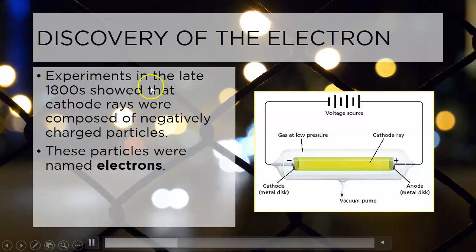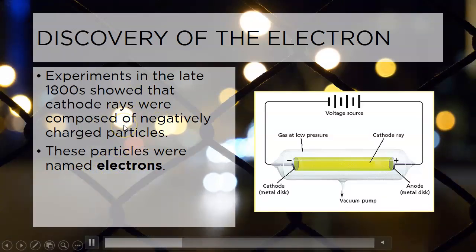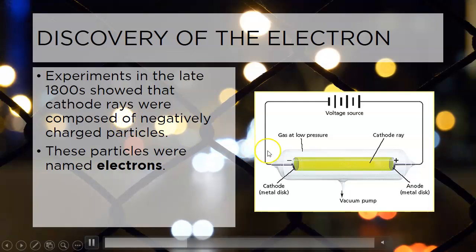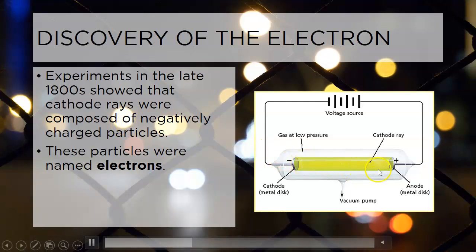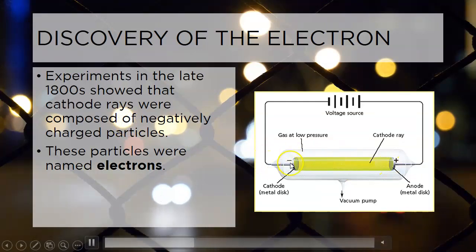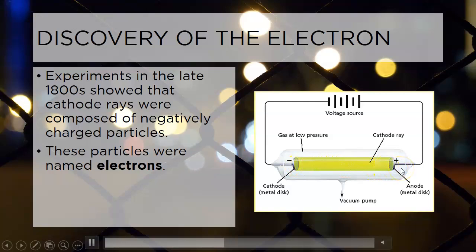But experiments did show that everything that I put in one of these cathode ray tubes, if I put a negative charge on one side and a positive charge on the other side, and I take everything out with a vacuum pump, somehow there's still something flowing through it. And you can see it as I showed in the video here.